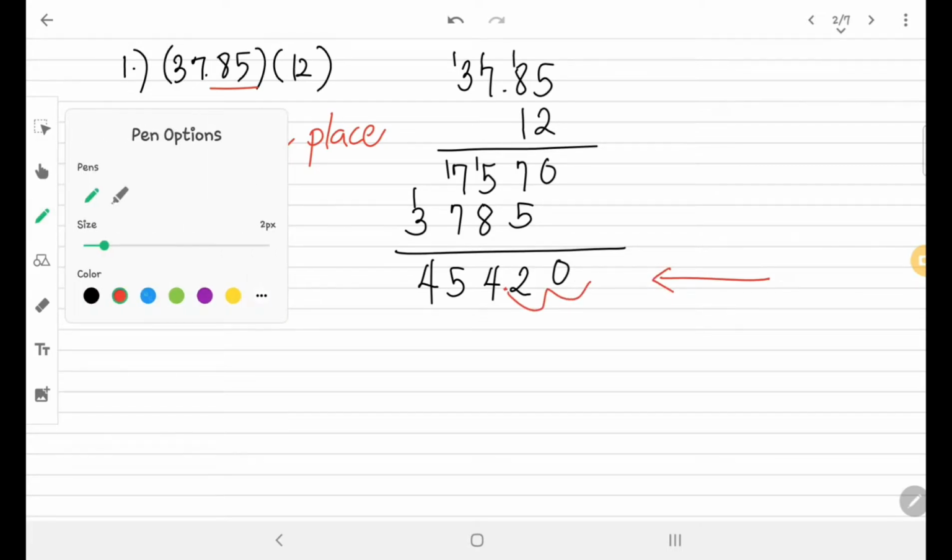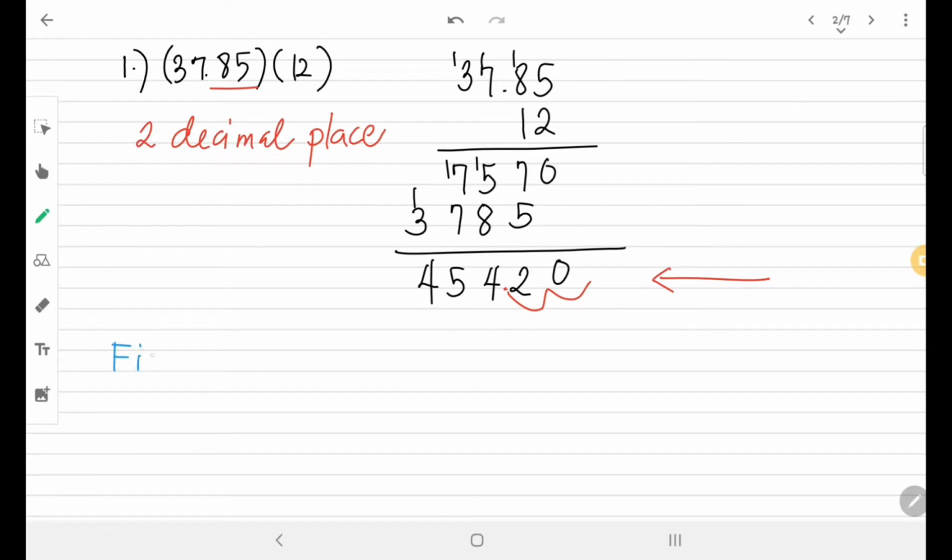When we write the final answer, it is 454.2. Since the 0 in the decimal place has no value, you don't need to write the 0 when it is at the end. But when it is in between counting numbers, of course we should write it.